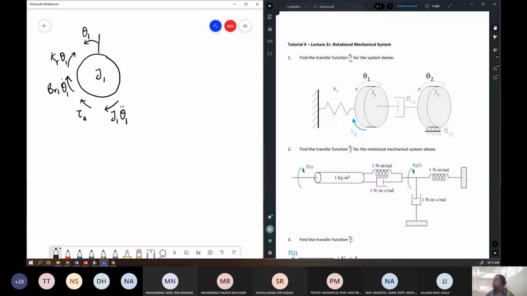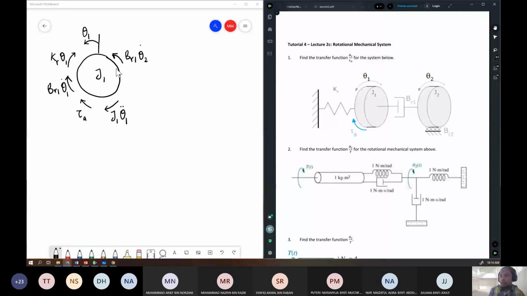And then the damper BR1 is also connected with J2, so we have to consider the effect or the torque from J2. And this torque is counterclockwise, so we have BR1 theta 2 dot. Okay, then we can write the equation of motion for this one.